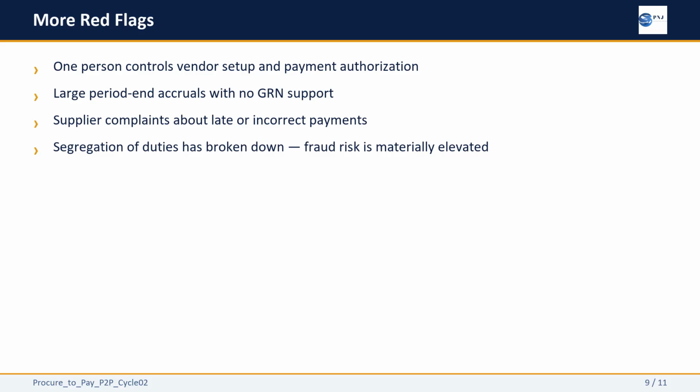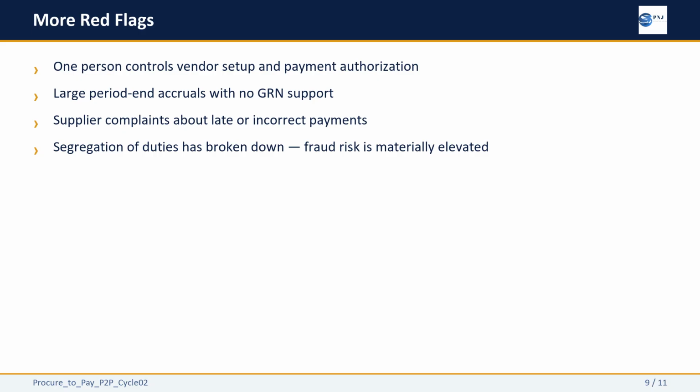4 more red flags complete the picture. One person controlling both vendor setup and payment authorization is a segregation of duties failure that creates direct fraud risk. This combination must be identified and corrected immediately. Large period-end accruals without GRN support suggest accruals are being estimated rather than based on documented receipts.